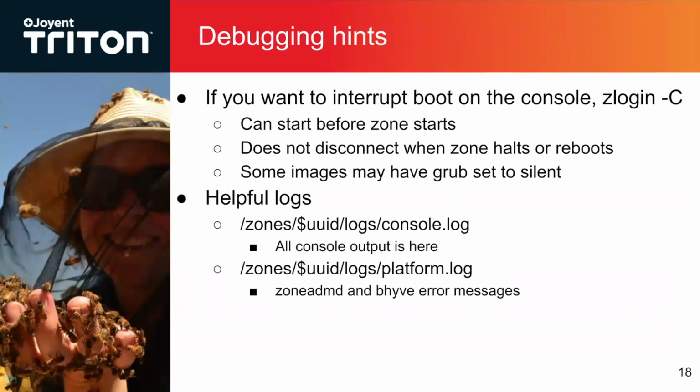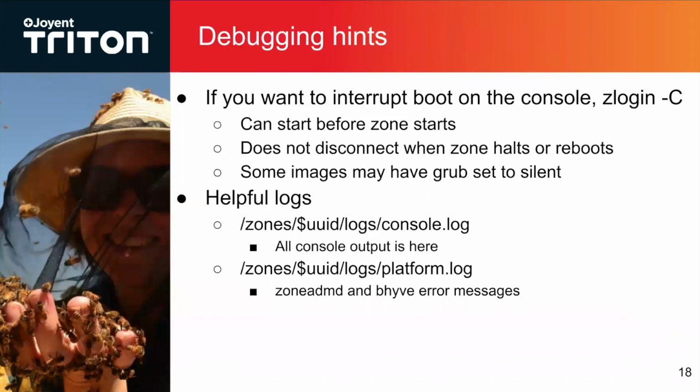So if you're debugging, don't follow the lead of my sister with a handful of bees. Do something different. If you need to interrupt the boot process and twiddle with something in grub or similar, you can use zlogin -C.